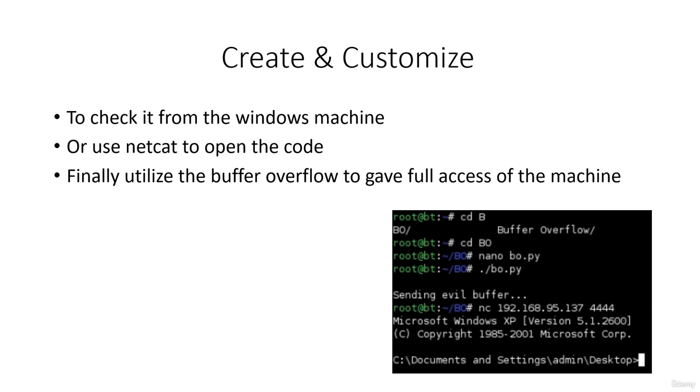If it works, it's fine. You can just check from the Windows machine, so you can use netcat and try to connect to it. As you can see in this picture, it created the payload that I sent, and it utilized the buffer overflow to give full access to the machine.